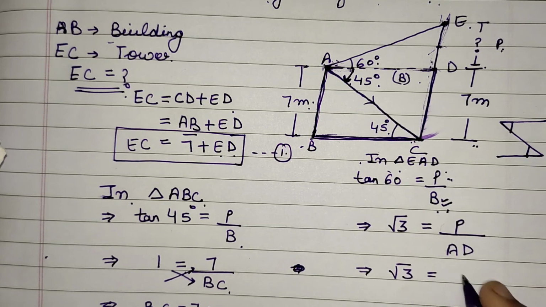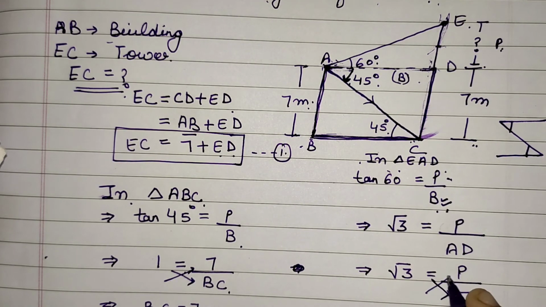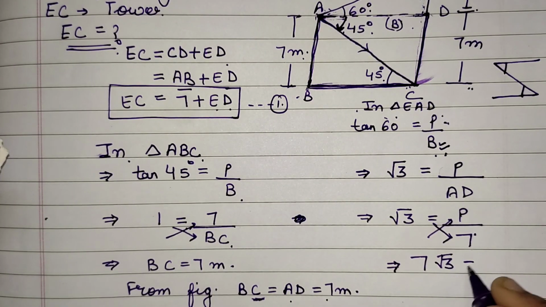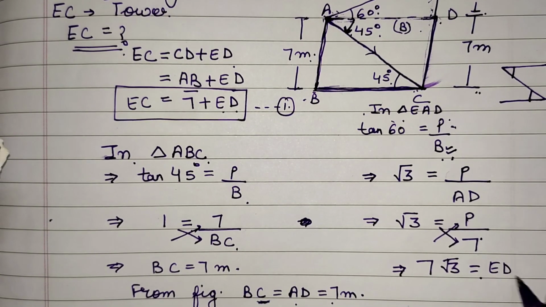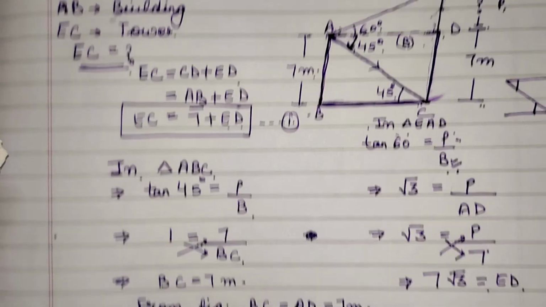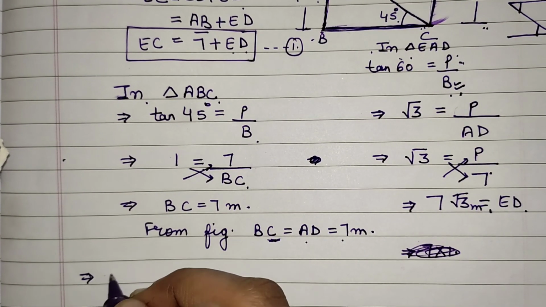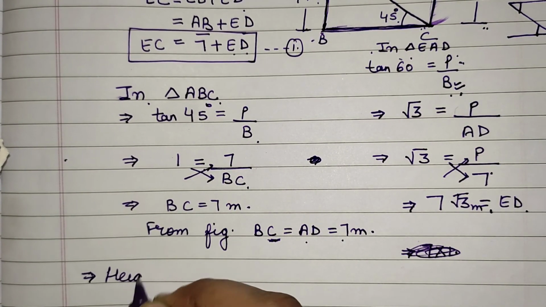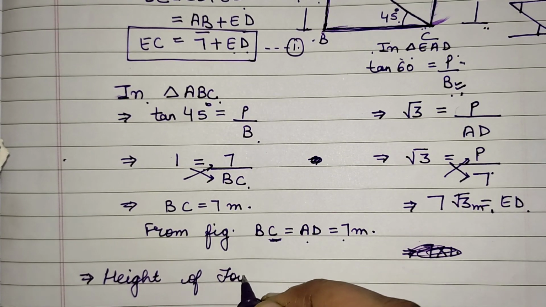So put the values simply and you will get your answer. Okay, and AD is what? AD is my 7. So if I will do cross multiplication, then I will get 7 root 3 is equal to perpendicular, and perpendicular is what? Perpendicular is my ED.